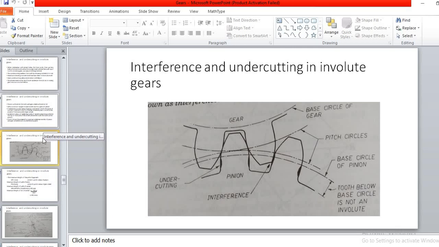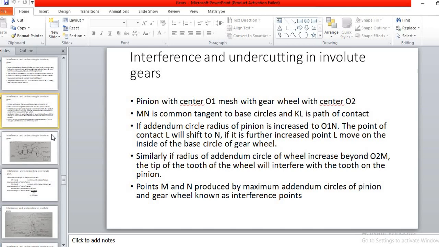And due to such undercutting, earlier failure of the tooth will occur, and bending moments and stresses also increase.